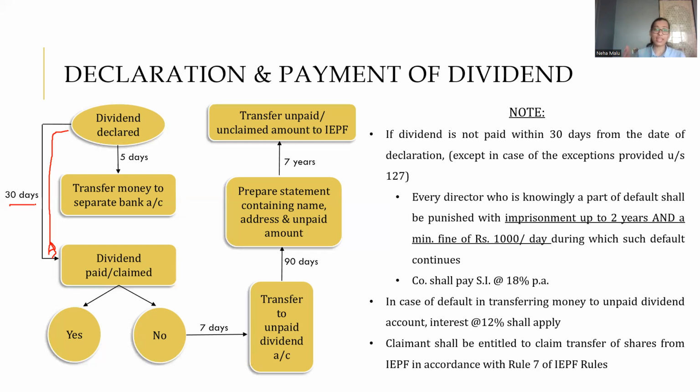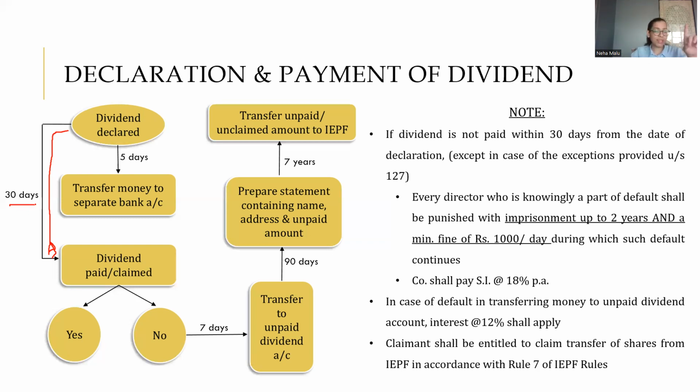Compounding can take place when the punishment is only fine. However, defaults which are punishable with fine and imprisonment, or with only imprisonment, become non-compoundable, and the officers in default or the directors in default will have to bear that punishment.